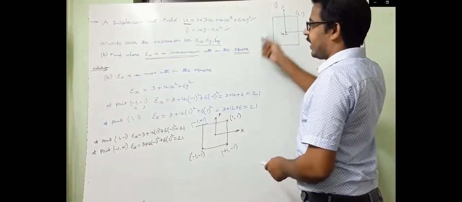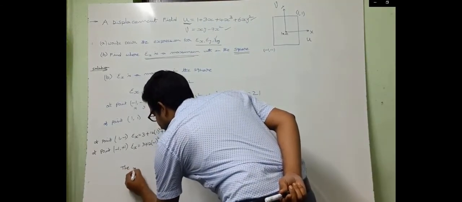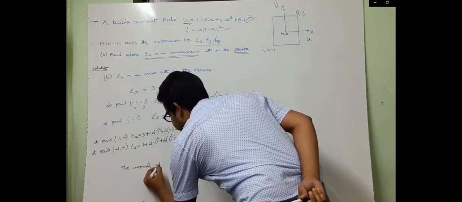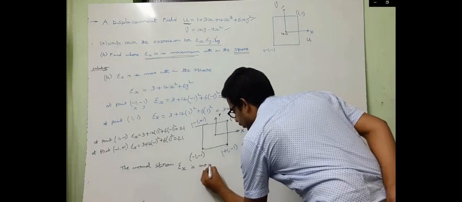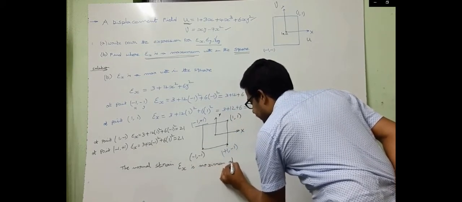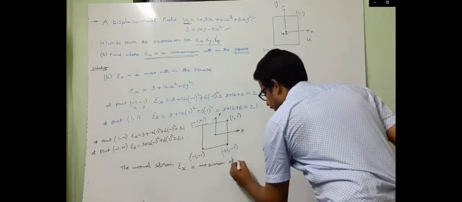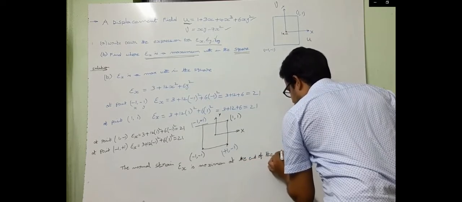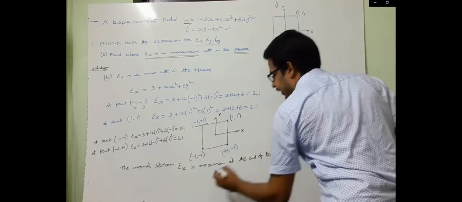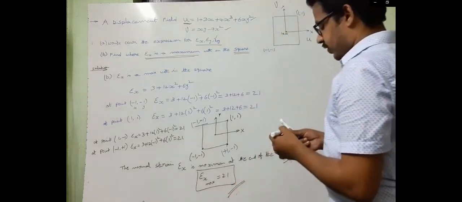The normal strain epsilon x is maximum at the end of the edges, and epsilon x maximum is equal to 21.